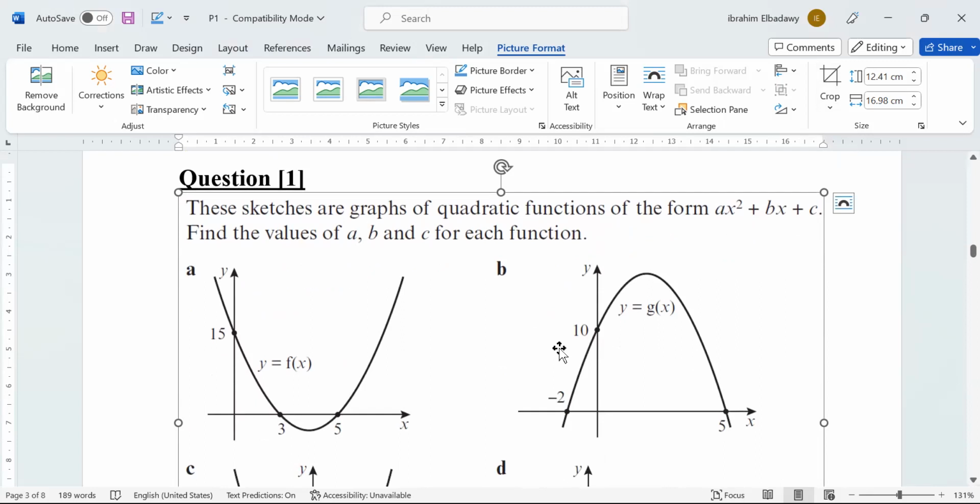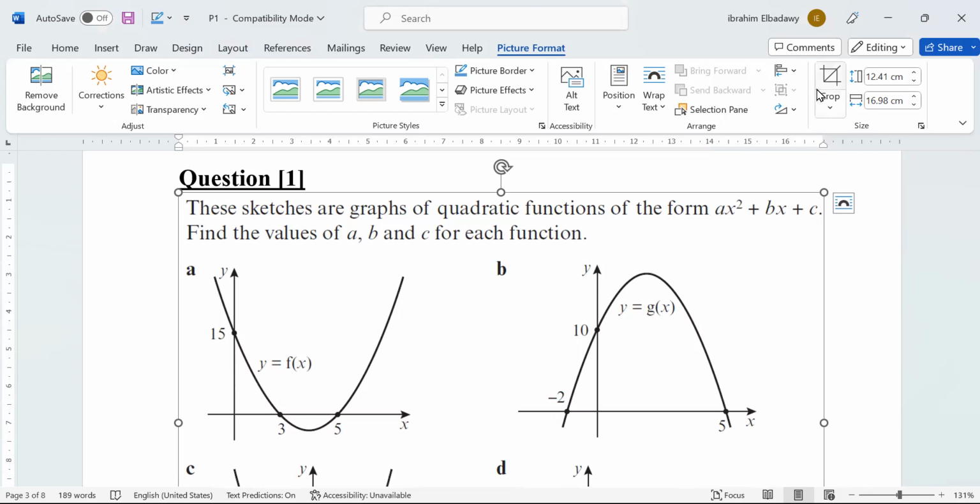So don't think about the completing square form. If you don't have any minimum, maximum, or turning stationary point, just think about the normal form, which is ax squared plus bx plus c. That's it. Okay, how can you get it?